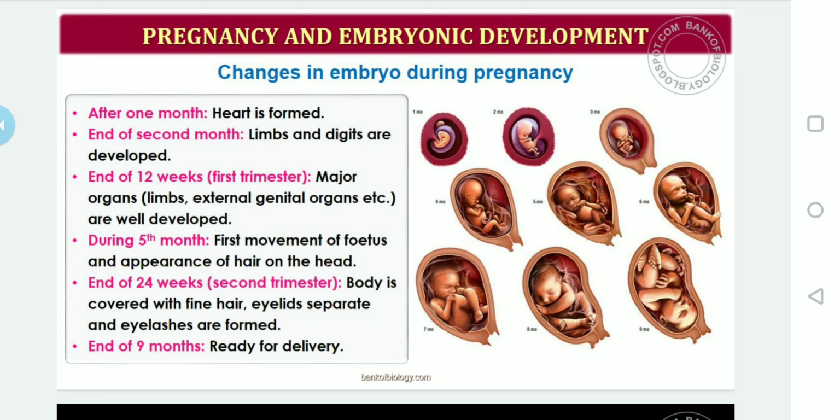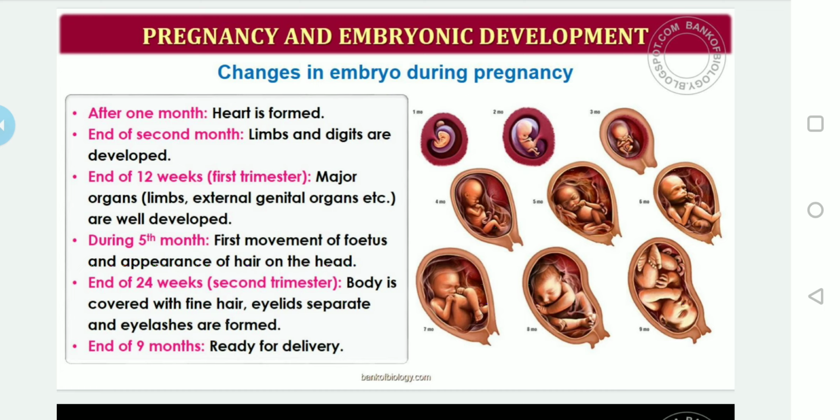Then what about the next? By the end of 24 weeks, or we can also say second trimester, the body is covered with fine hair, and eyelids separate. Until then, the eyelids do not get separated. By the end of the second trimester only we can see this.